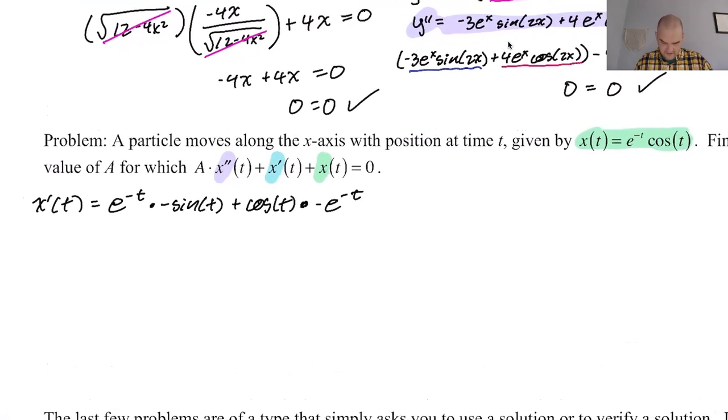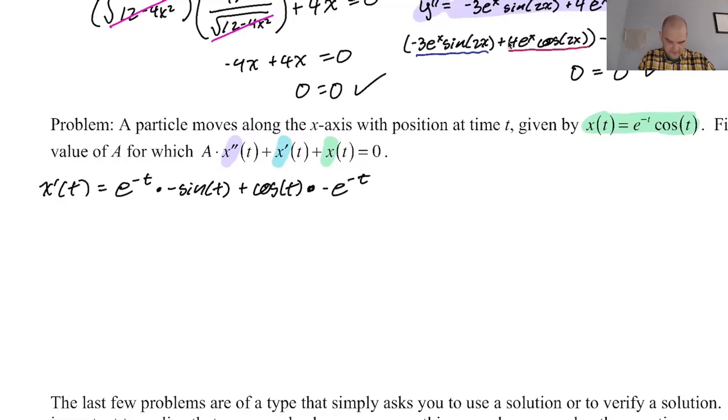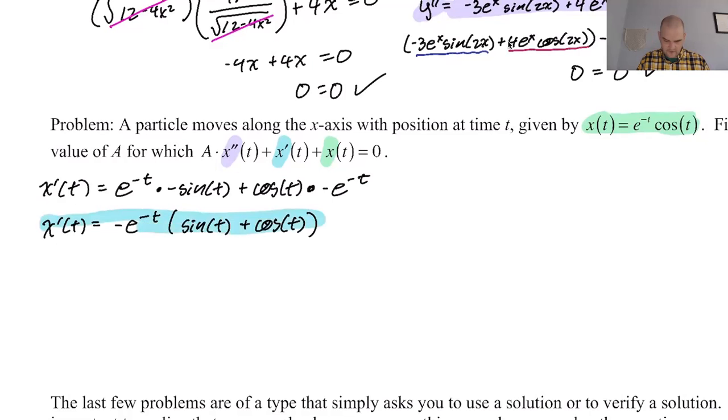I think that simplifies to x prime of t equals negative e to the negative t times sine of t plus cosine of t. I feel pretty good about that. So that's x prime, and we're going to substitute that ultimately into our equation.